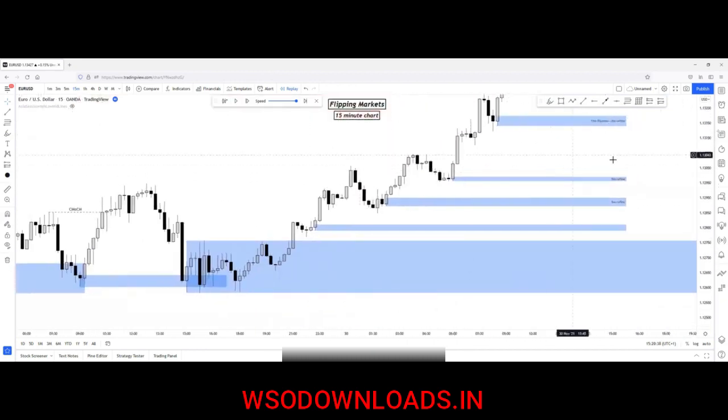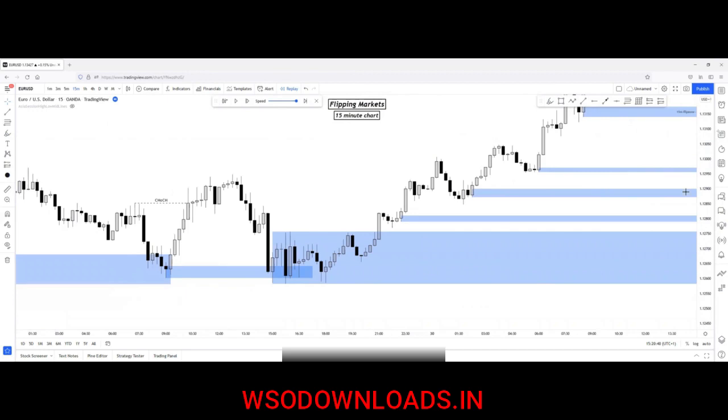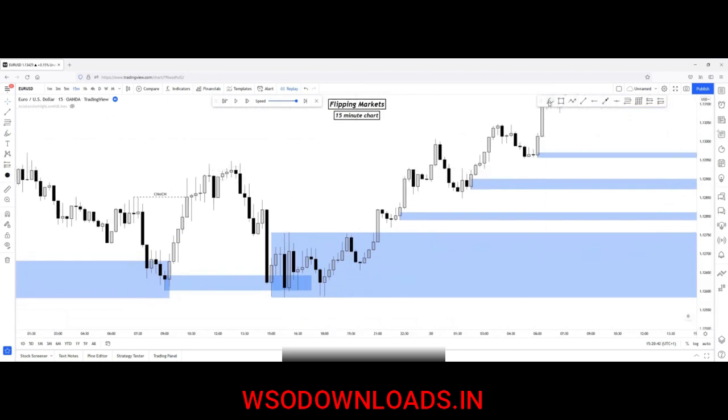But if I take a closer look, you will see that inside of this 4-hour zone, we will have, for example, this 15-minute zone for a refinement, because the inefficient push started from this candle, and also it changed character here. So yeah, I will just keep it like this. I won't refine it, but if you would like to refine the 4-hour zones on the 15-minute charts, you can of course do that.